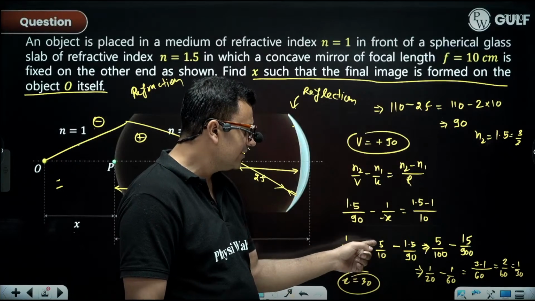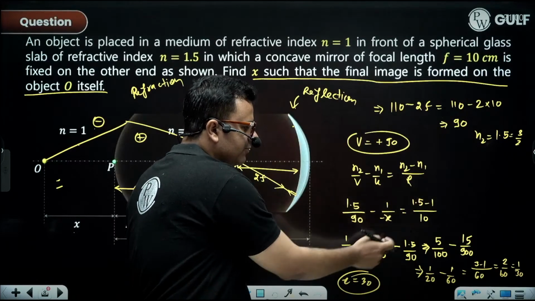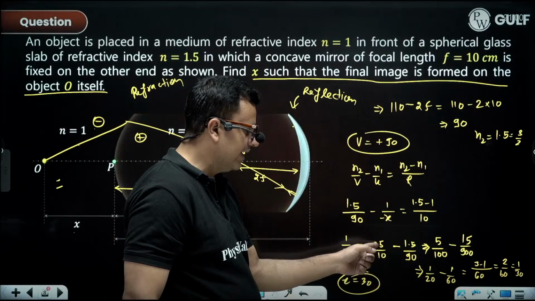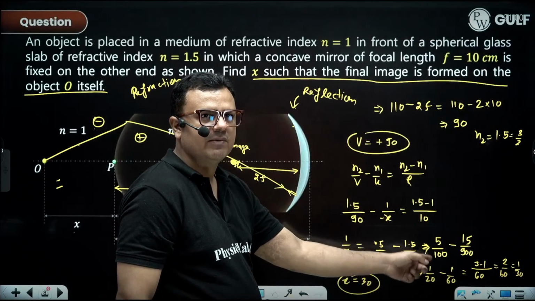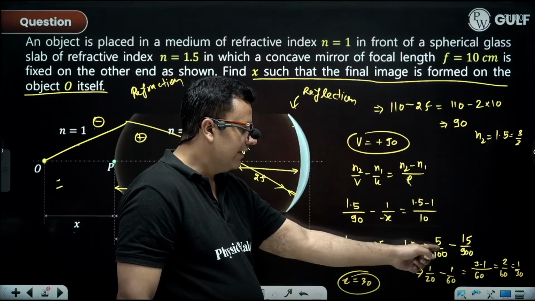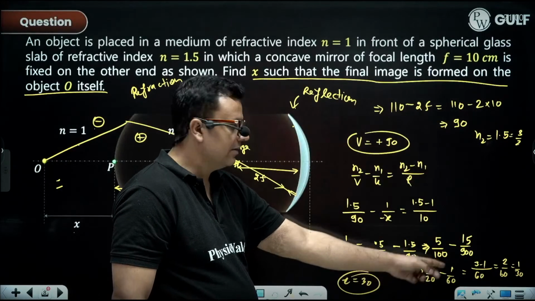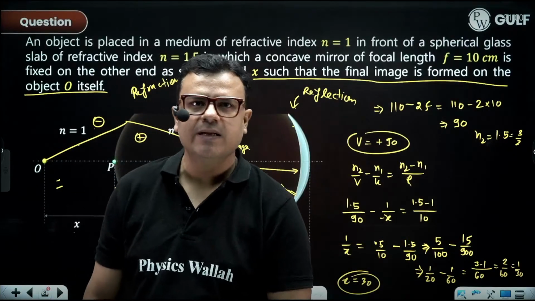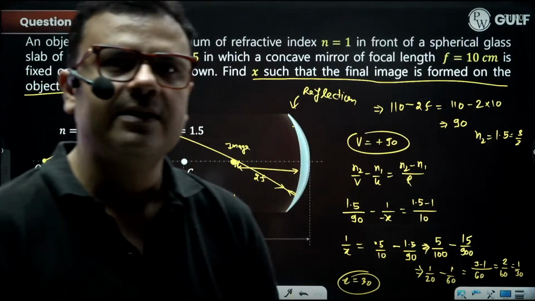We simplify this. 1.5 minus 1 is 0.5, so 0.5 by 10, and 1.5 by 90. When I remove the point, the 0 will occur in the denominator. 5 upon 100, 15 by 900. 5 times 20 is 100. 15 times 6 is 90, isn't it?